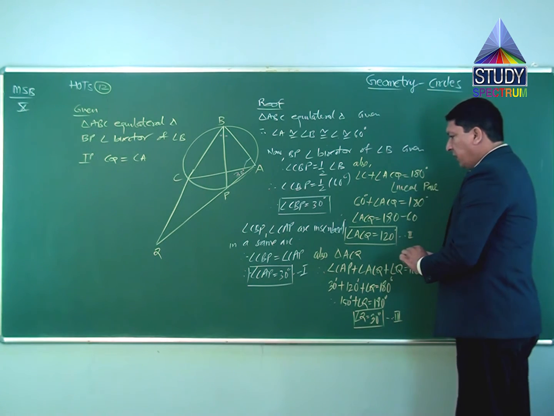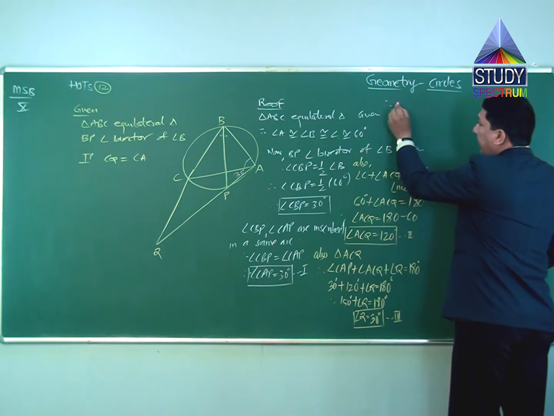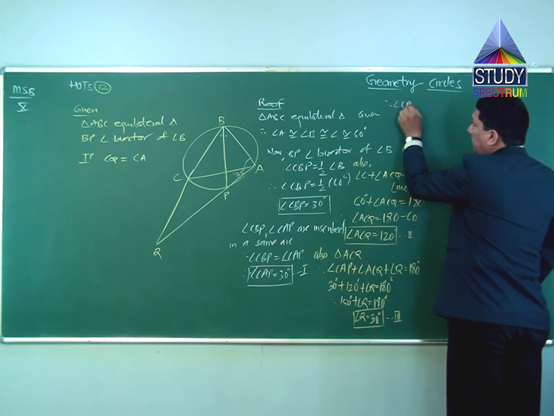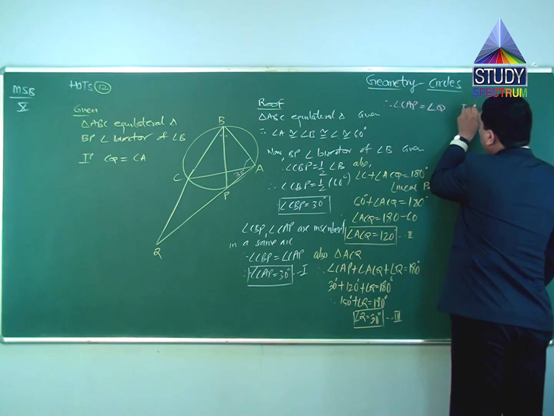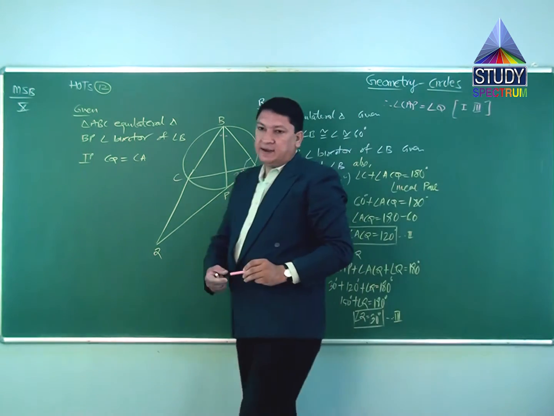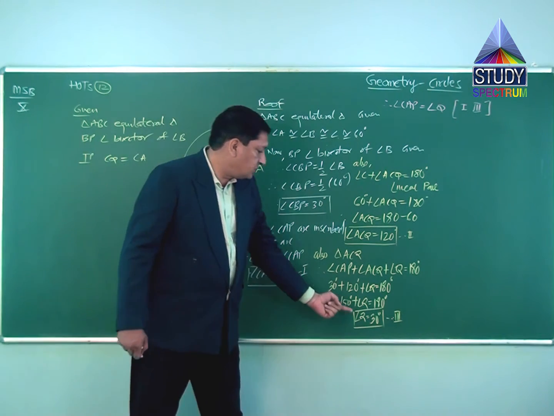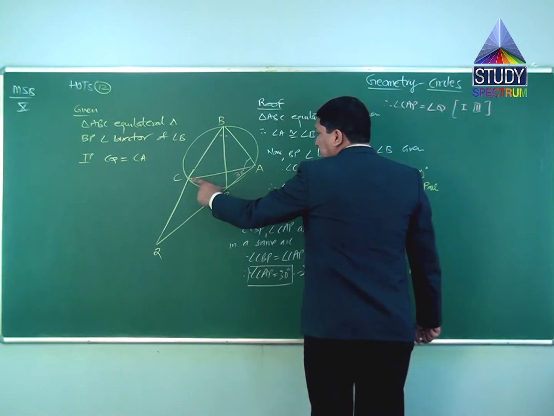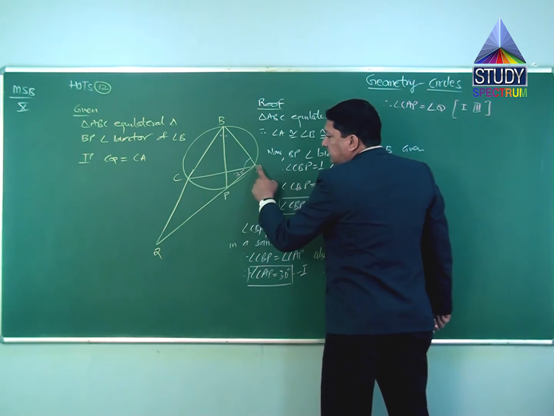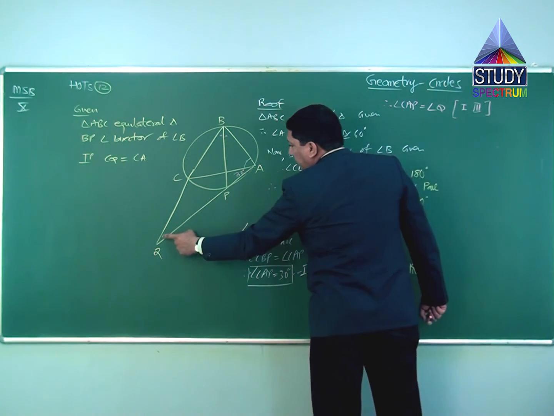Now, from 1 and 3, we can say, therefore, angle CAP is equal to angle Q, both are 30 degree. First equation says that angle CAP is 30 degree. Third equation says that angle Q is 30 degree. This means that angle CAP, or call it angle CAQ, whatever, is 30 degree, angle Q is 30 degree.